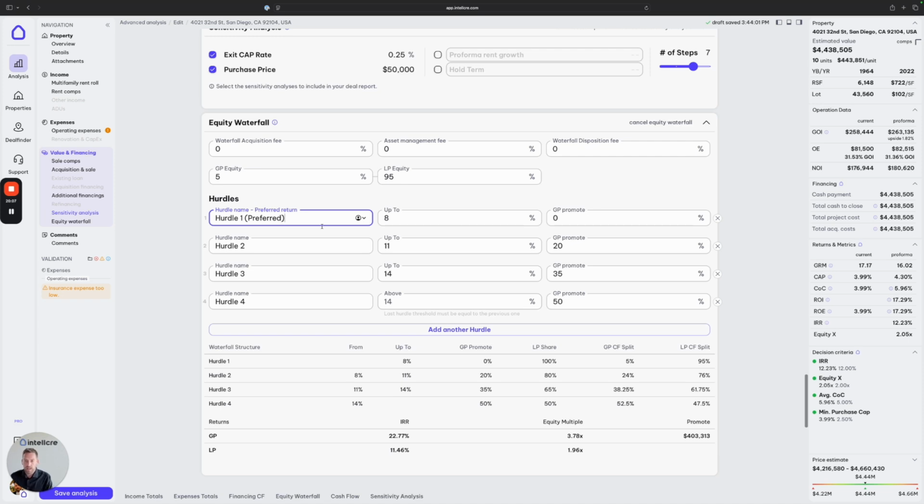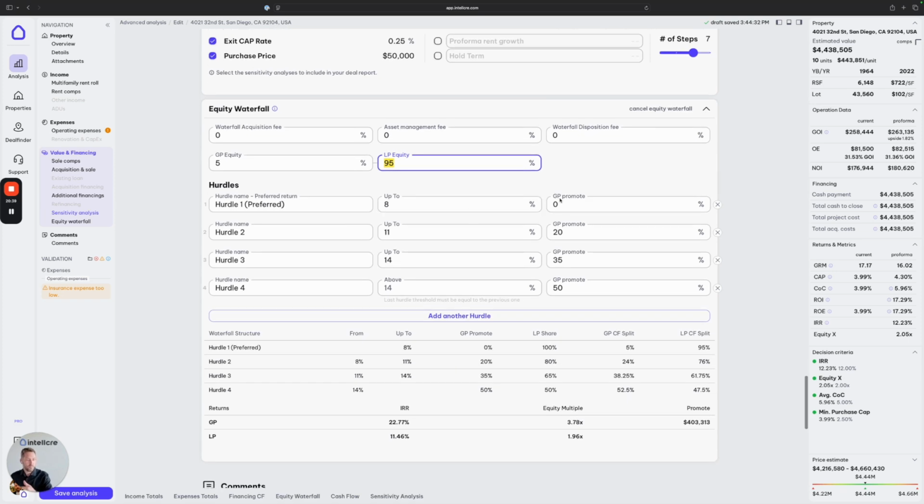Right, and there is no GP promote or no promoted interest for the GP in case that the project underperforms or performs at the 8% IRR level, right? So the way the cash flow from the project would get distributed among the GP and the LPs would be precisely given by this equity split. So 5 to 95 split, right?